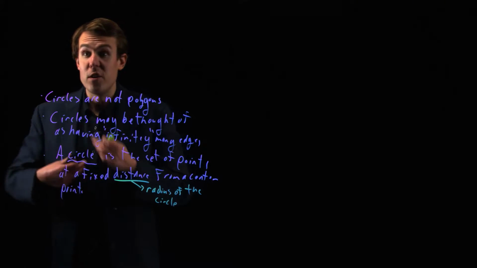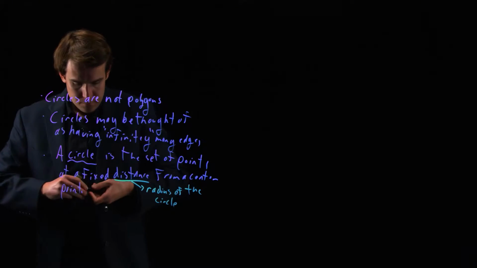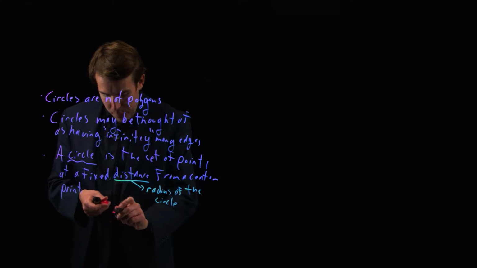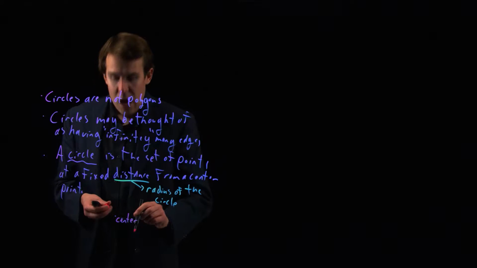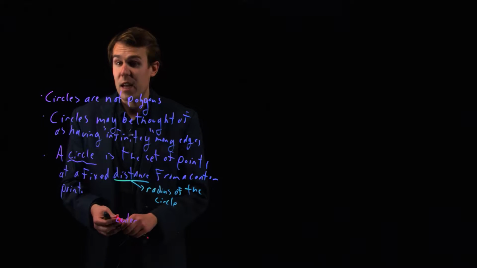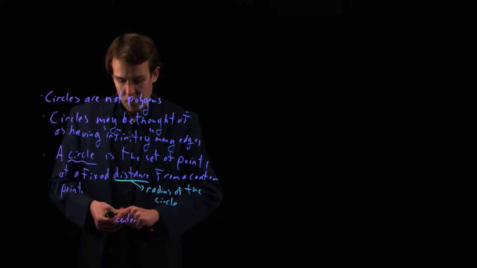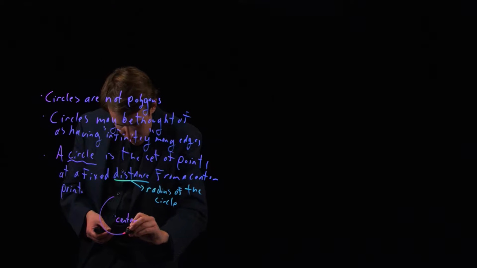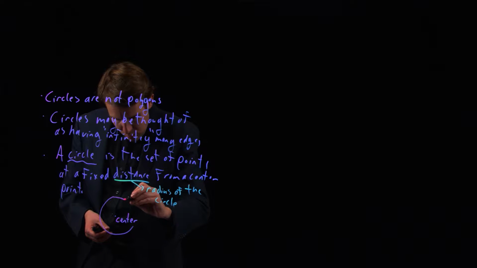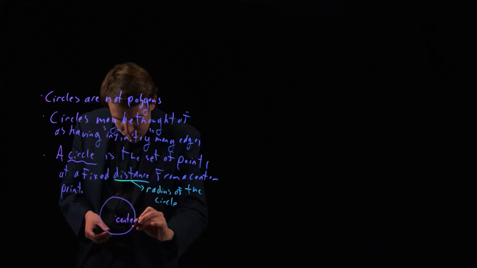So we can look at it visually. I pick some center. And then the circle is all the points at some fixed distance from this center. So maybe something like this.